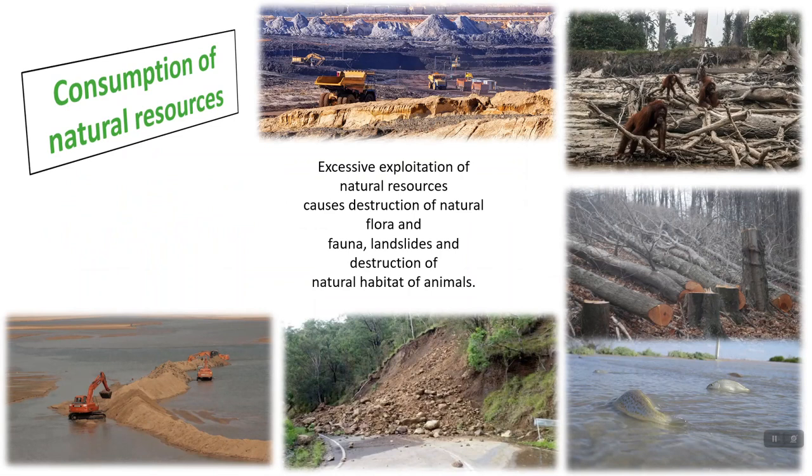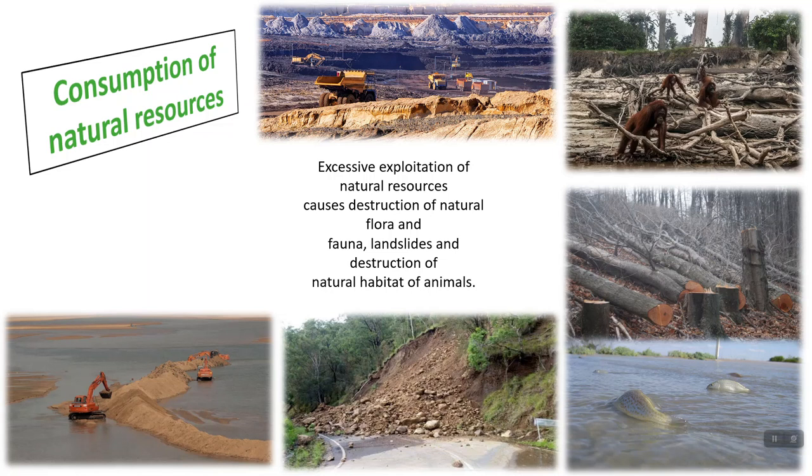The consumption of natural resources may lead to dramatic consequences. For example, we can see in the pictures that the removal of coal causes a lot of damage to the environment. The cutting down of trees in some countries causes the destruction of natural habitats for endangered species, for example the orangutan.